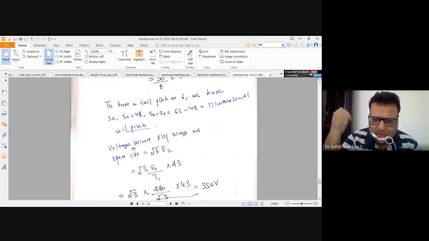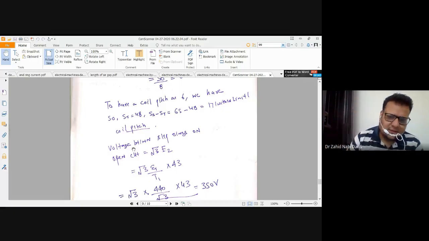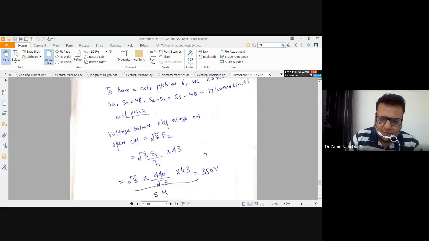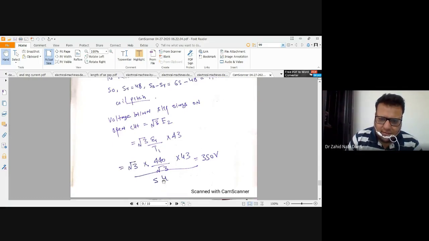Voltage between slip rings of the open circuit you can write, because this is the line voltage. Line voltage is root 3 times your phase voltage. So this is root 3 times E1 divided by your T1 into 43. This is the voltage between slip rings on open circuit, and this value happens to be 350.